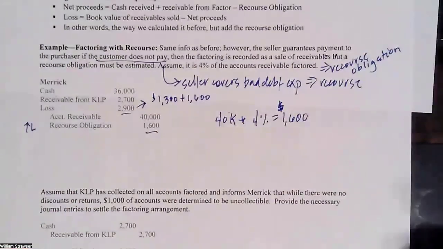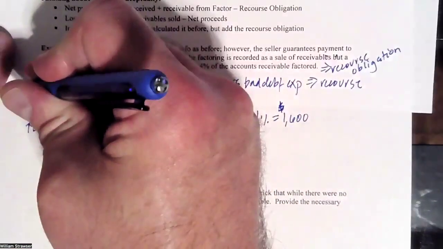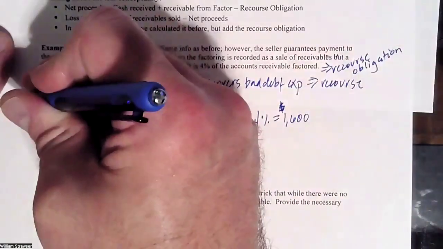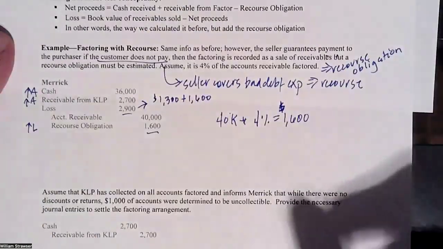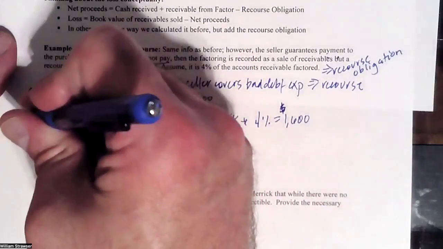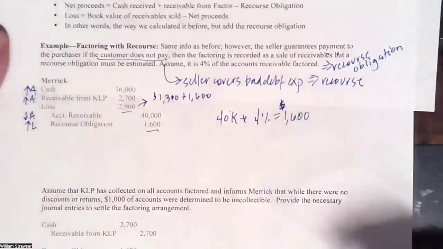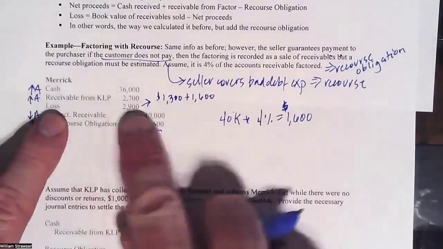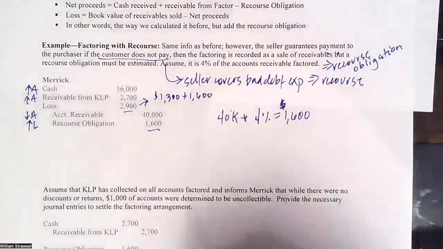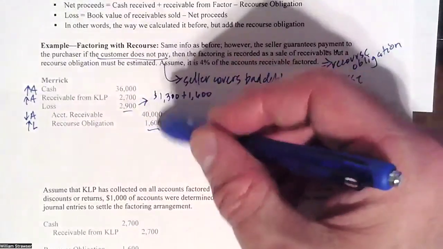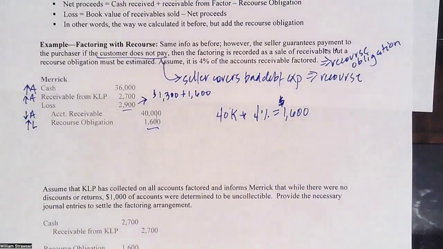You can also, again, think of this just as the plug, because after we record the cash, the receivable from KLP, the recourse obligation, and the reduction of our accounts receivable, the only piece left is the loss. It'll plug to get debits to equal credits and make the journal entry balance.